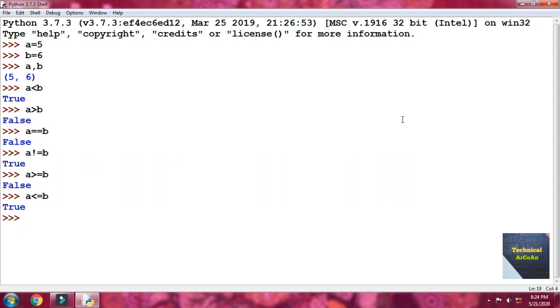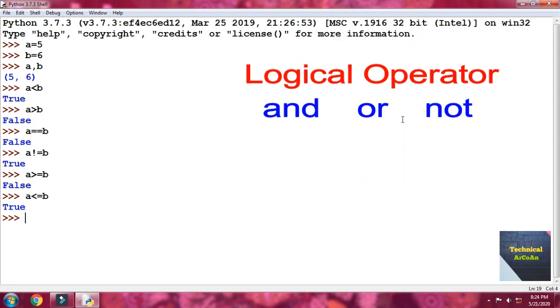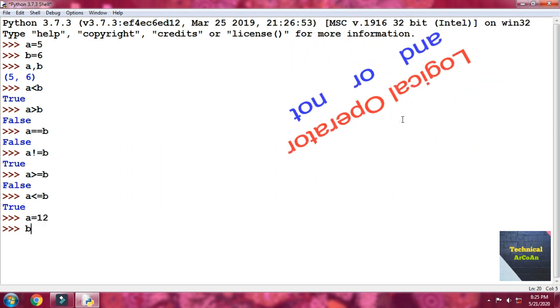Now the fifth operator is the logical operator, and they are and, or, and not. Suppose we take an example, a equal 12 and b equal 2.